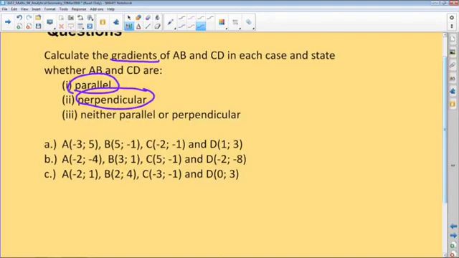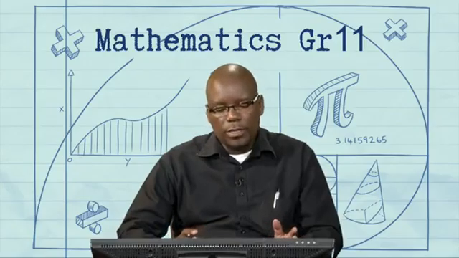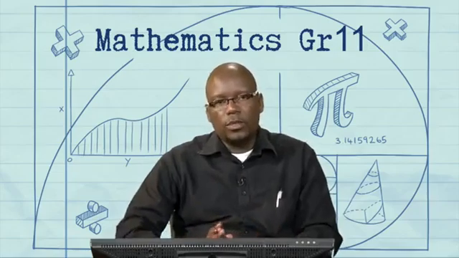Now, the next set of problems, which we're going to run through very quickly because you're getting used to this now, you need to calculate the gradients of AB and CD in each case and state whether AB and CD are parallel, perpendicular, or neither parallel nor perpendicular. So you've got 3 problems. I encourage you guys to work very fast, and I'm giving you 3 minutes to work on these problems, and then we can tackle them as quickly as possible.